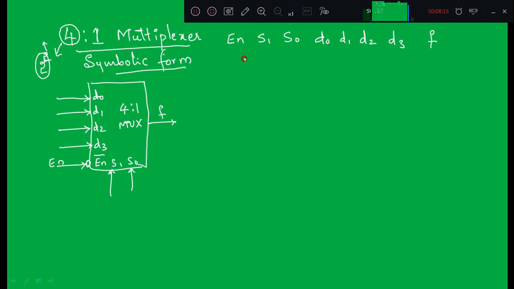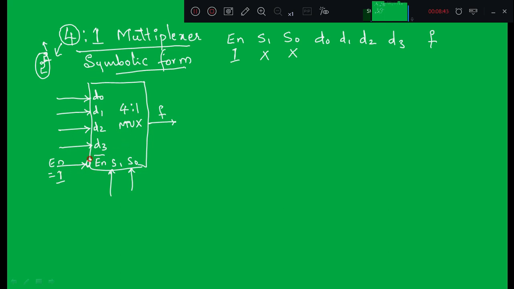How can I write the truth table for the 4 is to 1 mux? If enable is equal to 1, then whatever the values of the select lines may be, this bubble makes it 0. That means we are not selecting this 4 is to 1 multiplexer, or I can say it is disabled.